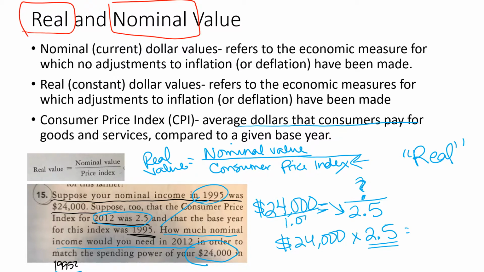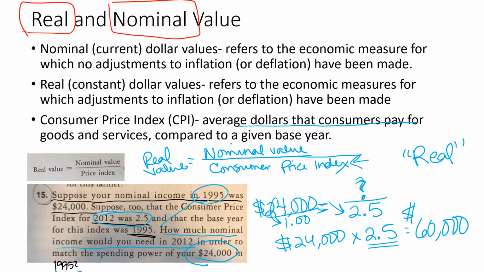We know that this is 1 underneath there. So we're going to cross multiply 24,000 times 2.5, and if I do that, that's 60,000, and then we could divide it by 1, but that's going to be the same answer.